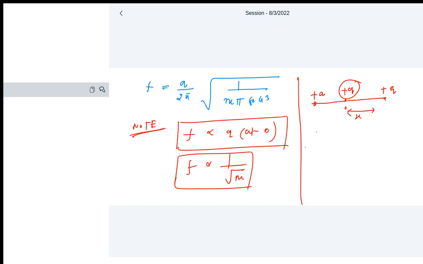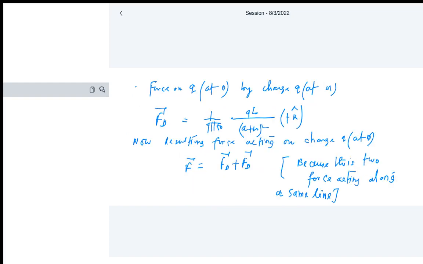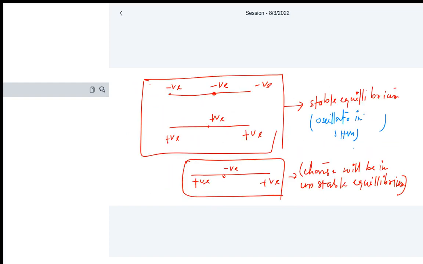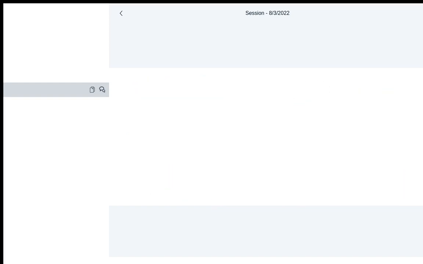Now we find the electric field expressions. What is electric field? Electric field.